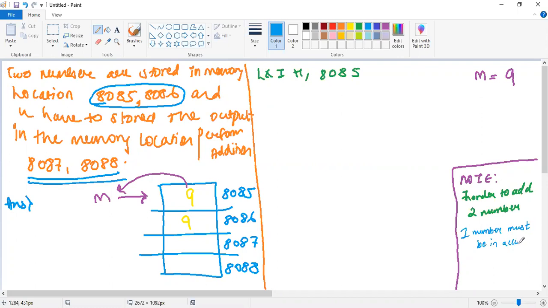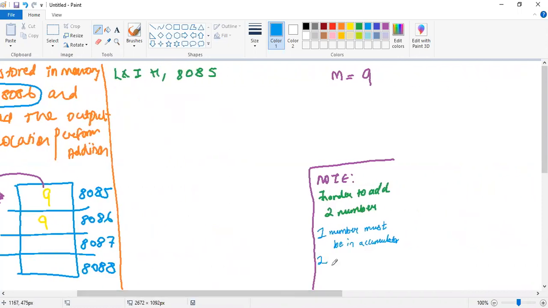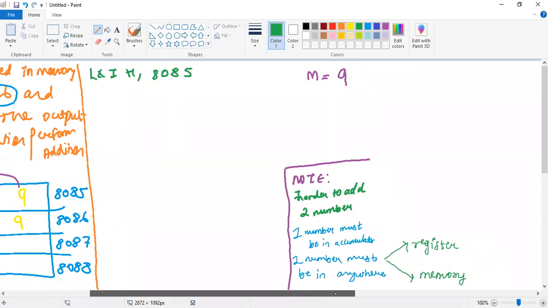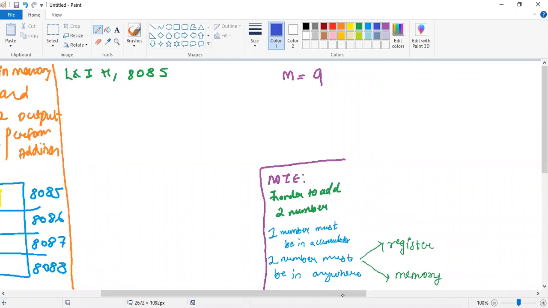Must be in what? In the accumulator. And your second number must be anywhere. Anywhere means what? Either in registers or in memory. Okay, either in a register or in memory.